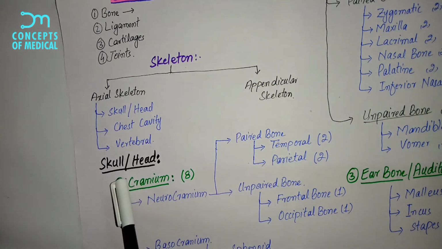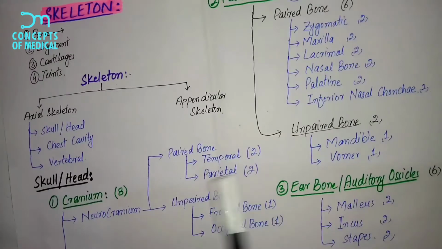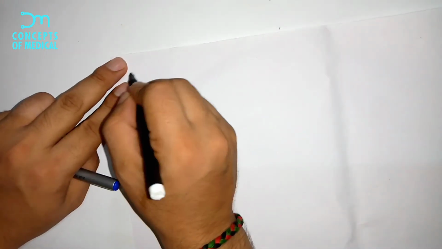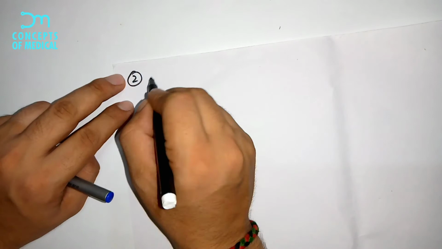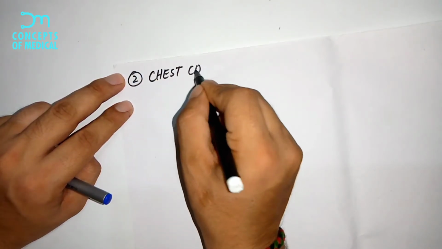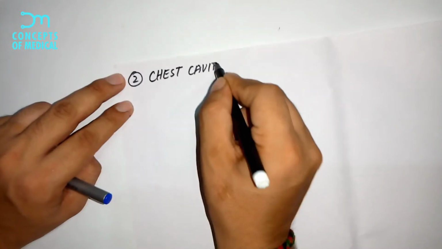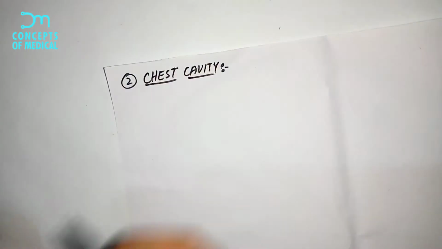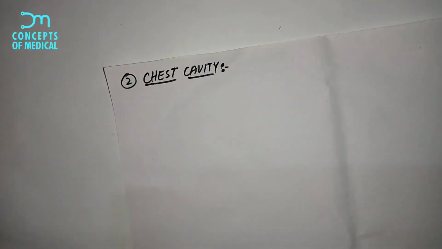So we have just covered the head region, which is divided into cranium, facial, and auditory ossicles, and now we will move on to the chest cavity, that how many bones do we have in the chest cavity. So the second part we have is the chest cavity, right? So the chest cavity, it is very simple, right?